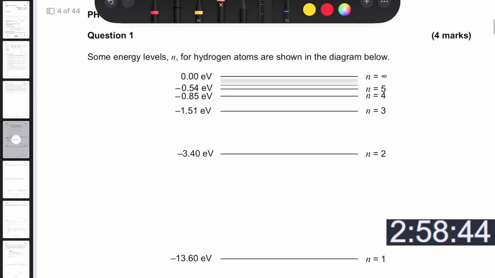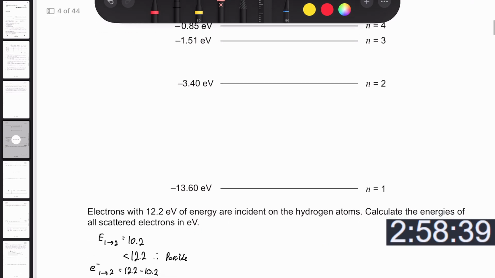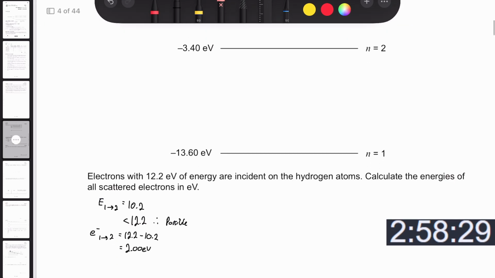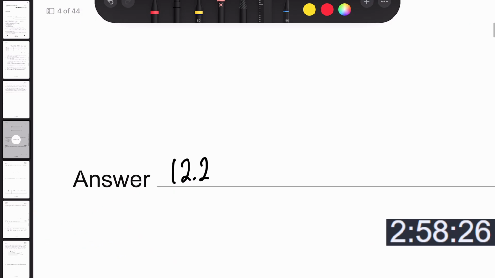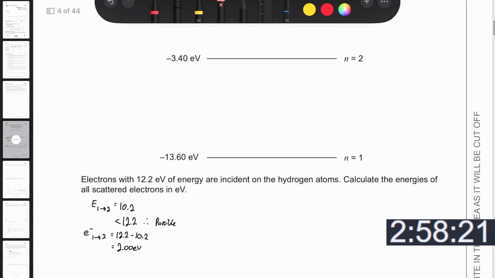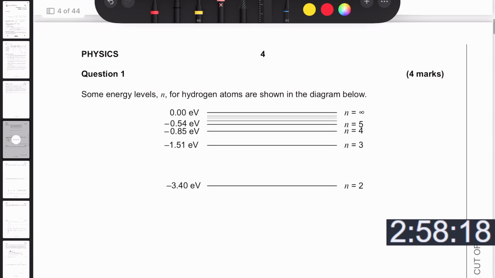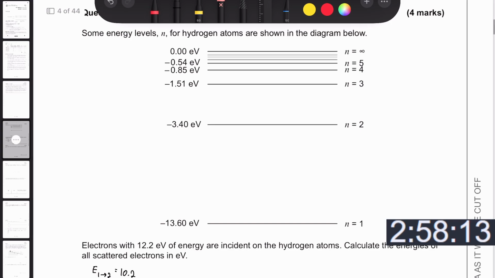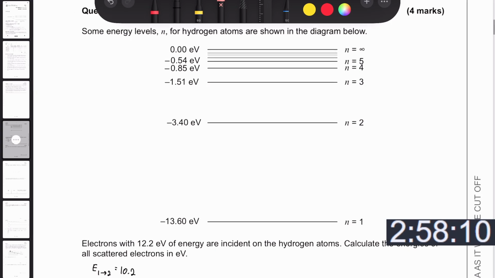Energies of all scattered electrons in electron volts. I feel like there's going to be a lot, isn't there? So alright, 2.00. All scattered. 13.6 minus 1.51.